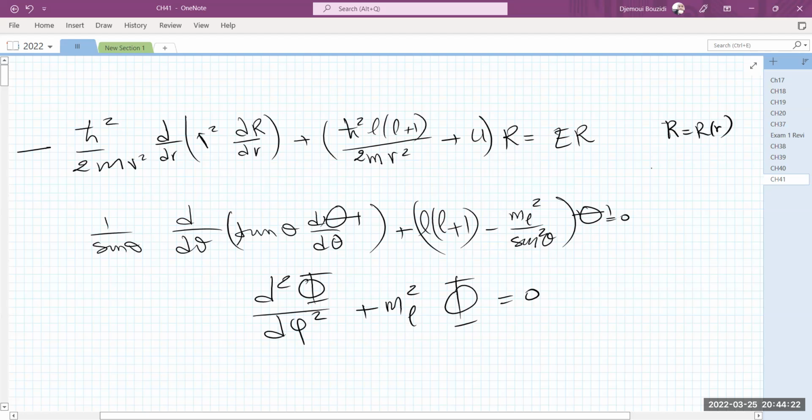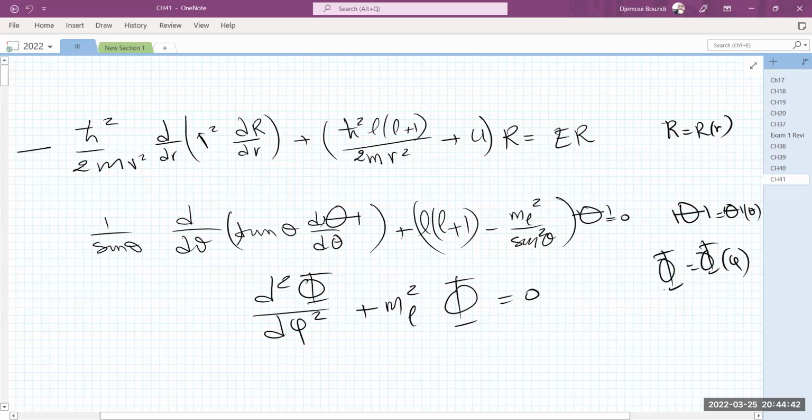This is the radial part of the wave function itself. Theta, which I'm writing as capital theta in this case, depends only on theta itself, and capital phi in this case depends only on phi itself.